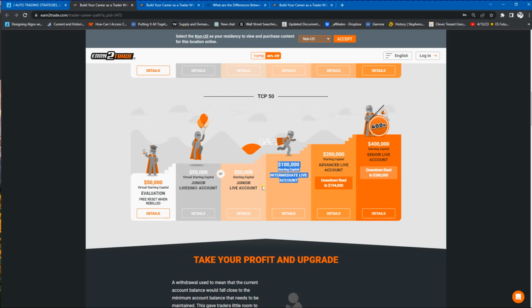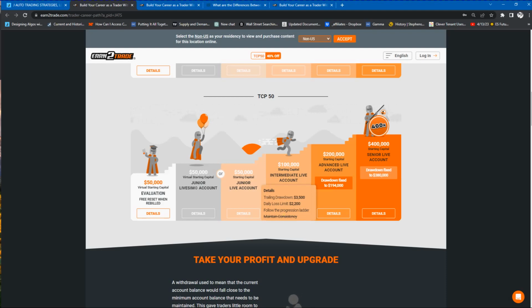And then once you get to your profit target, they automatically put that into your checking account or wherever you tell them to send it to, your PayPal account or whatever, and you're automatically in that next tranche, which is fantastic. So you get a little bit more profit target to reach, but that means you're earning more money.